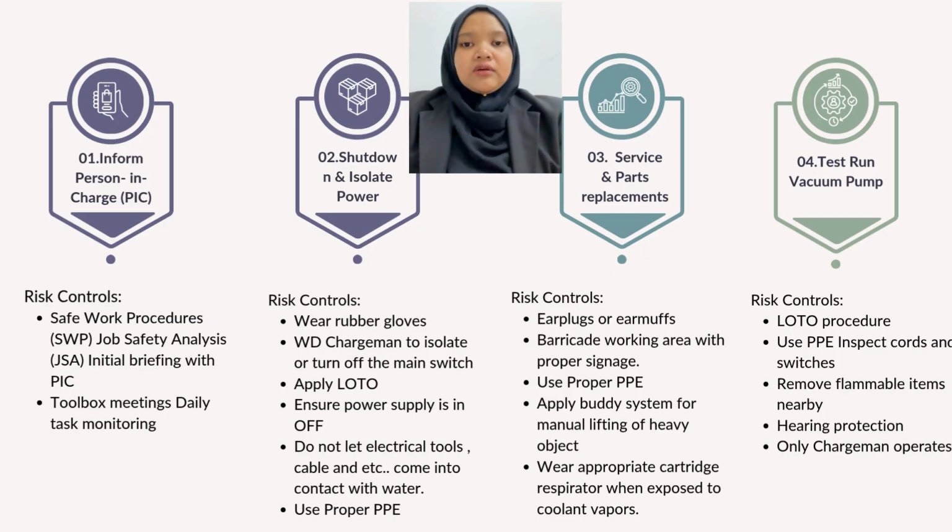Next, test run vacuum pump. Once servicing is complete, workers need to reapply LOTO procedure before handling switches, remove any flammable items nearby, use PPE, especially for hearing protection, and only the qualified chargeman is allowed to operate and test the pump.